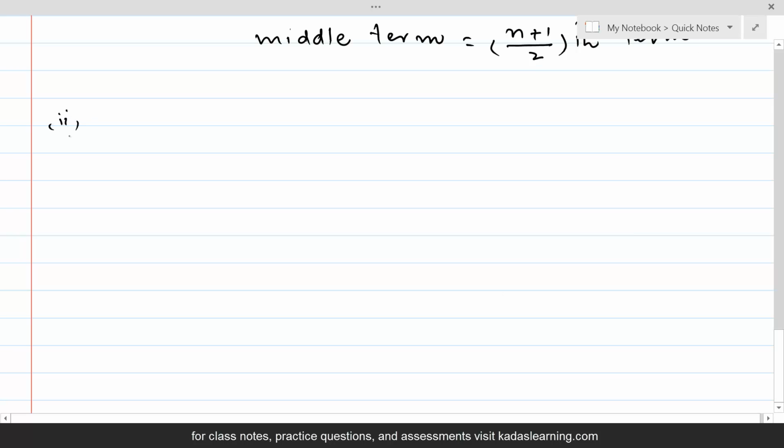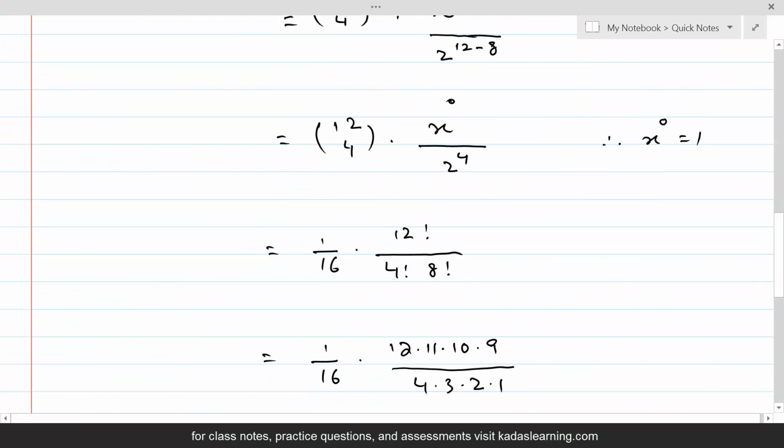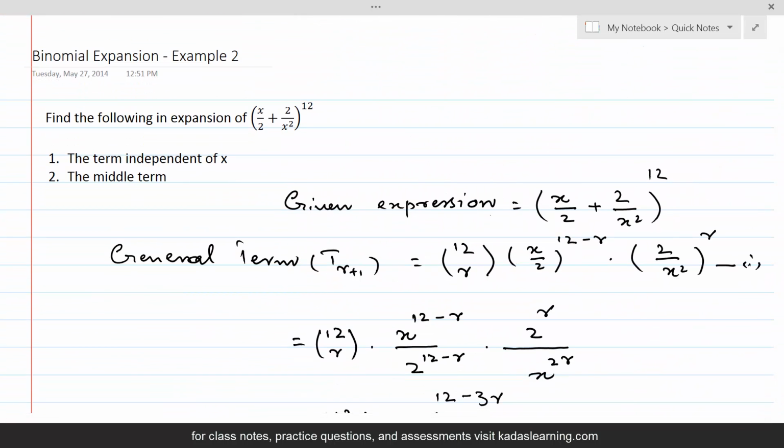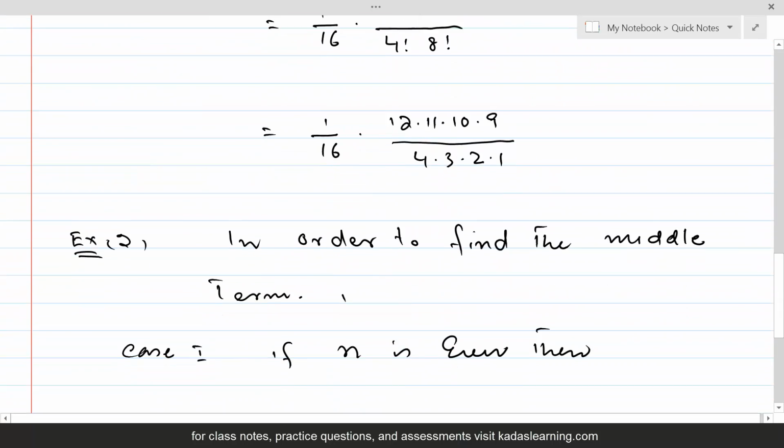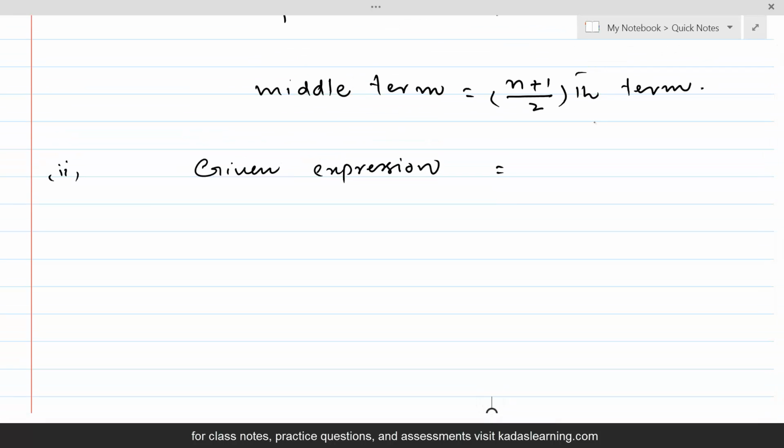Second part of the example. The given expression is (x/2 + 2/x²)^12.